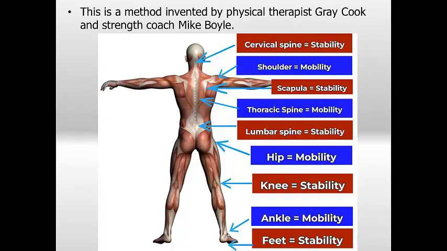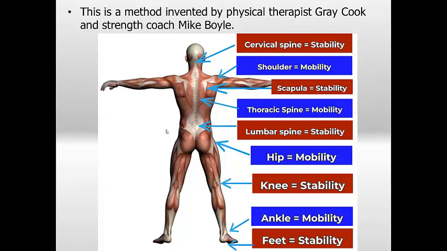Right? So if we start from the feet, they are primarily concerned with stability, whereas the ankle, being a specific joint designed for multi-directional movement, is more concerned with mobility. And above that is the knee, which is not able to twist and do rotational movements like the ankle can, so it's more of a hinge joint, and it's primarily concerned with stability.